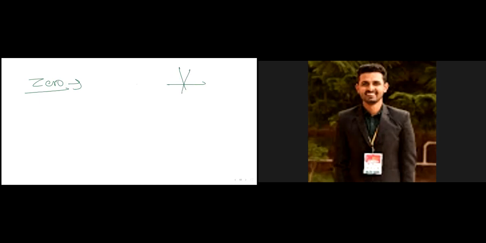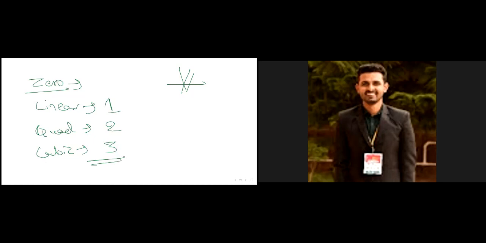That point is known as a zero of that polynomial. Also, a linear polynomial can have at most one zero, a quadratic at most two zeros, and a cubic at most three zeros.